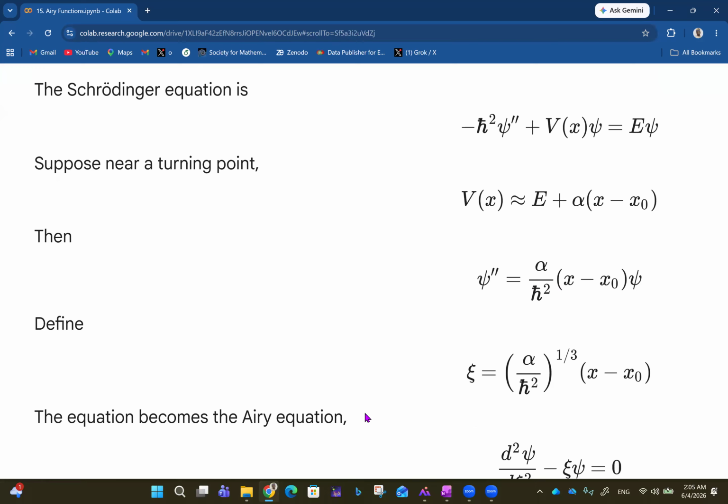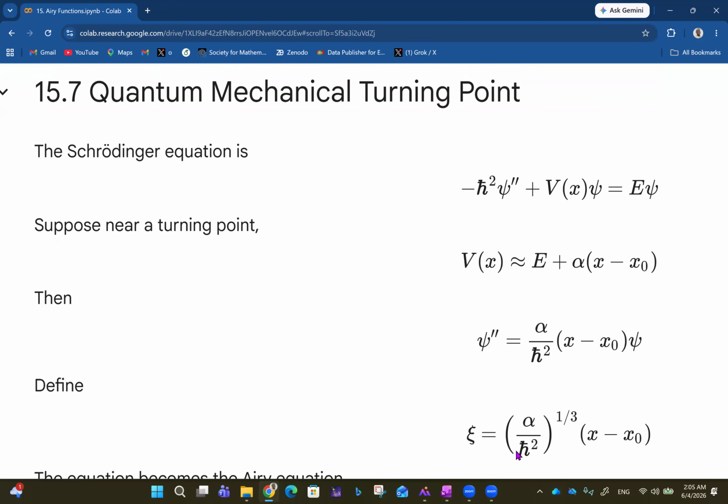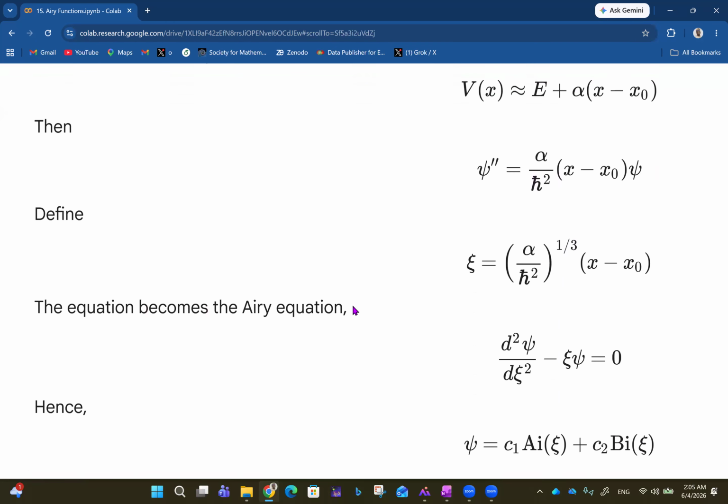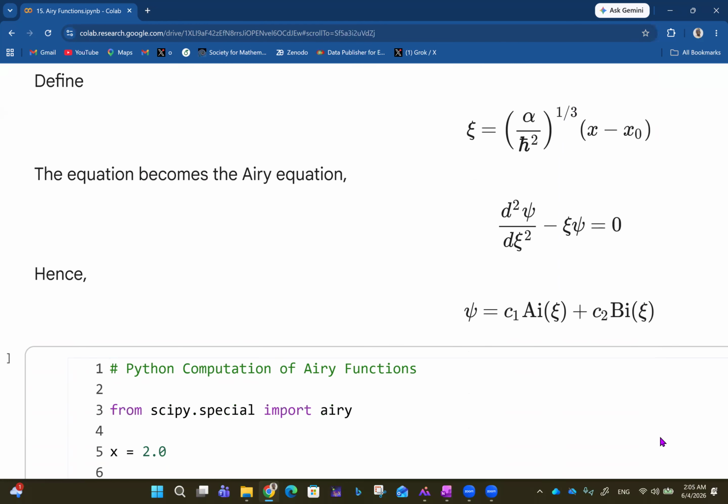And then we define epsilon to be alpha over h bar squared raised to 1 over 3 times x minus x naught. So the equation becomes the Airy equation, d squared psi over d epsilon squared minus epsilon psi equals 0. Hence, we say psi can now be C1 Ai of epsilon plus C2 Bi of epsilon.